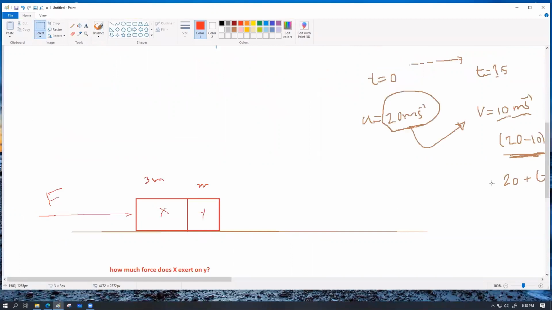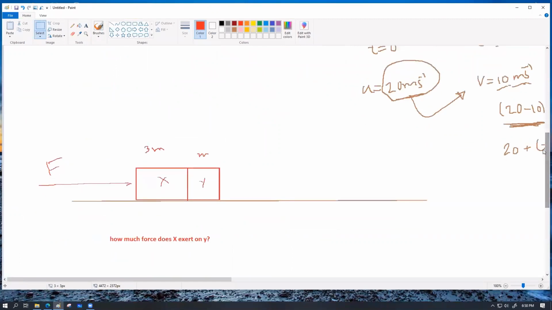All right. 3m plus the force which we are exerting. Well, one thing you need to understand is that you cannot add dissimilar quantities. You cannot add mass with force. You can add two masses.